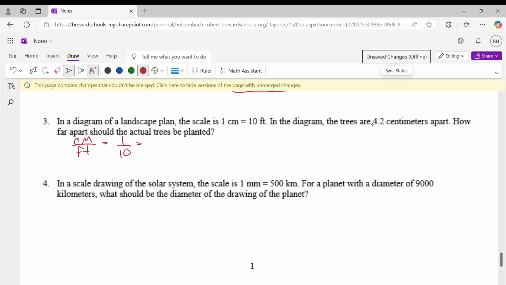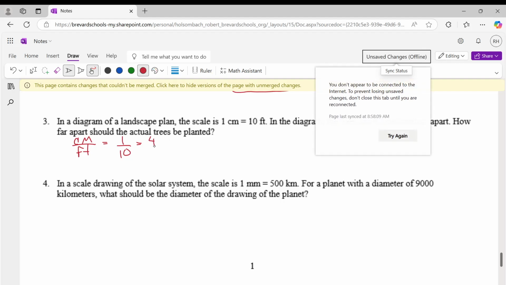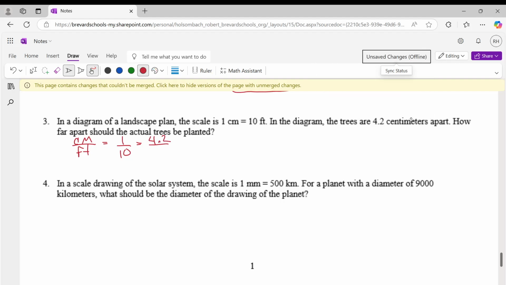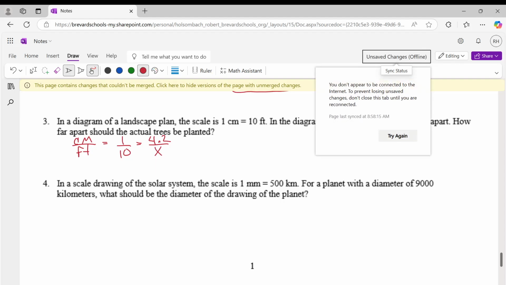In the diagram, the trees are 4.2 centimeters apart, so that goes in the numerator. How far apart should the actual trees be planted? We're just going to put a variable there. So just crisscross multiply. 1 times x is x.